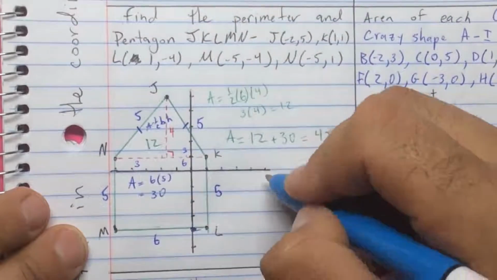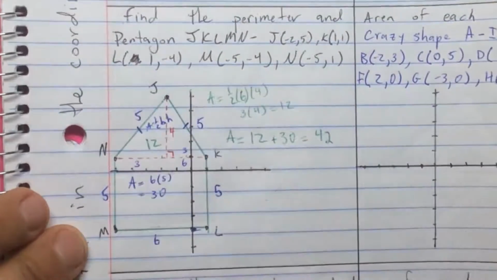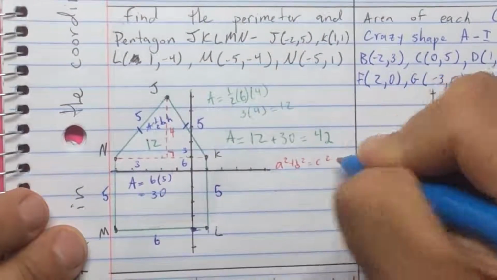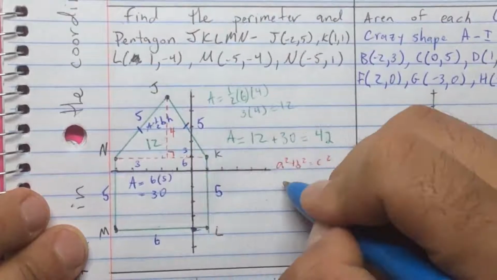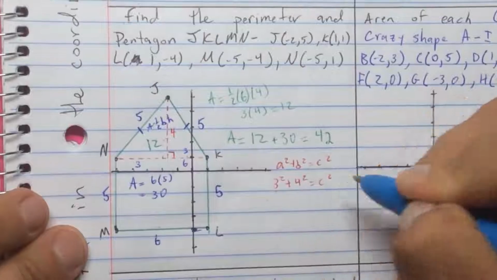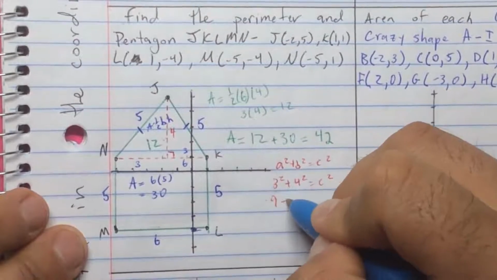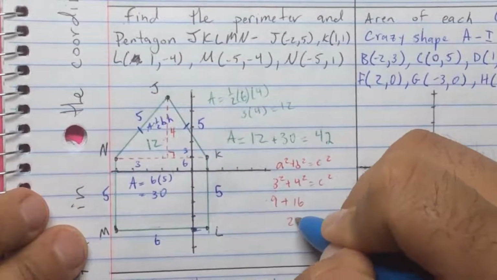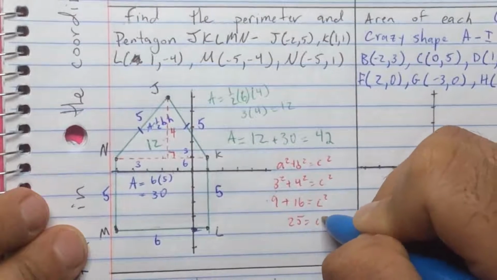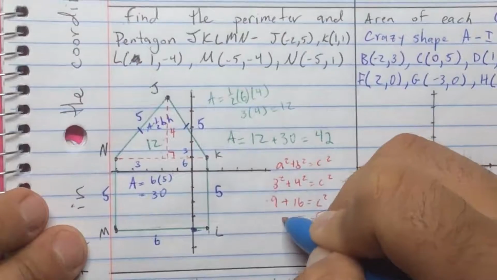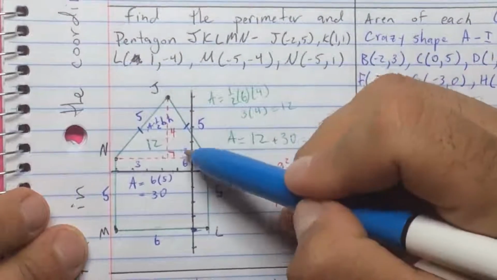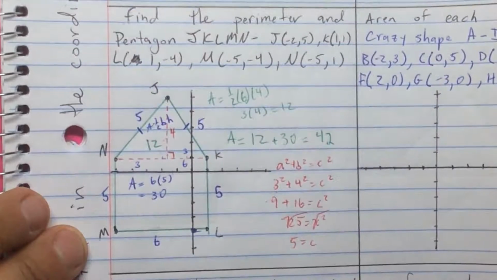And I'll show you right now, because if we had our a squared plus b squared equals c squared, let's do it in red, we would see our 3 squared plus 4 squared equals c squared. This would be 9 plus 16, which equals 25. So we already know that the square root of 25 is equal to 5. And it's also a perfect 3, 4, 5 triangle. So it kind of worked out that way.